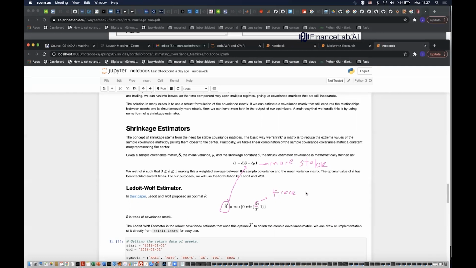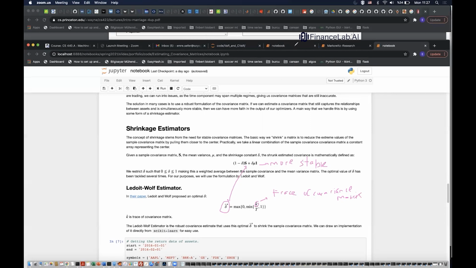That's why we have the Ledoit-Wolf estimator in order to shrink the covariance matrix. The trace of the covariance matrix is divided by the number of samples, assuming we estimate the covariance matrix on t time points.